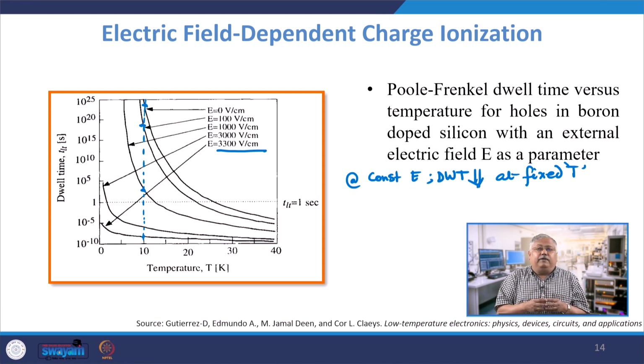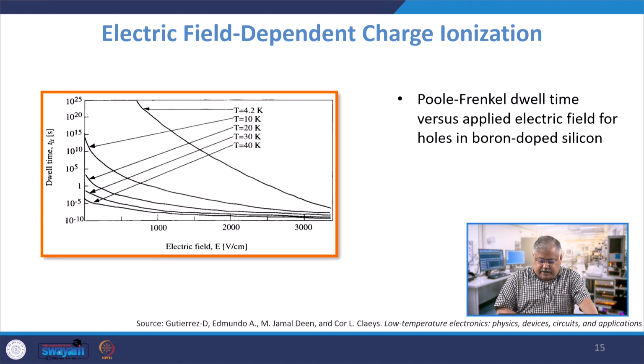Because when we do cryogenic work, especially readout circuitry, the bias to the particular device will determine how much electric field is there within the device, and the higher the bias of the device, the higher will be the electric field, which means the average dwell time will go on reducing as you want to generate a larger current in a device, right, and that is a good amount of manipulation which you need to do in order to generate this particular point.